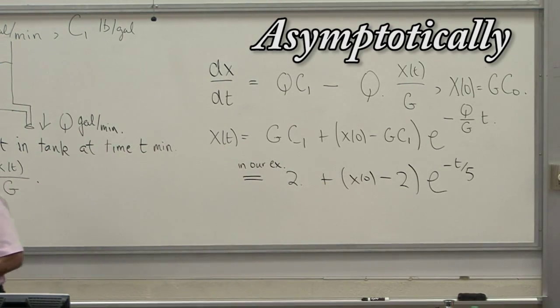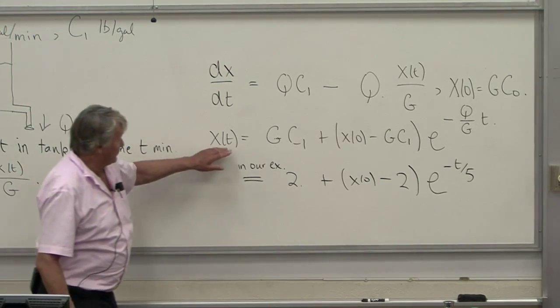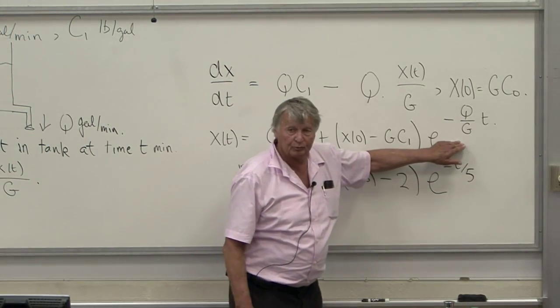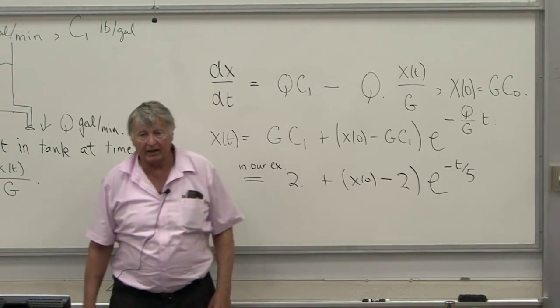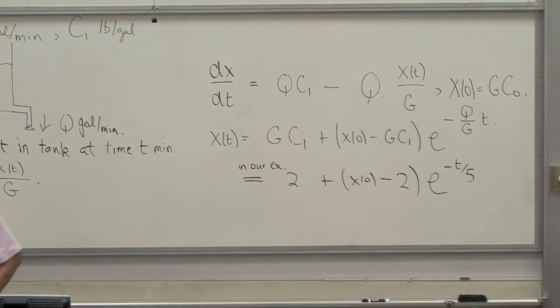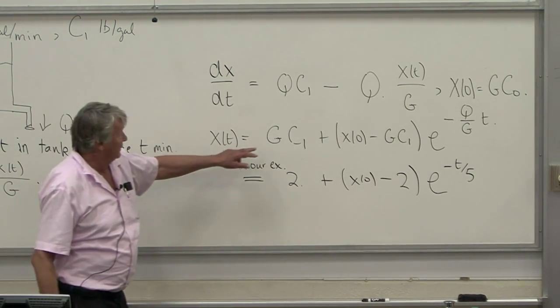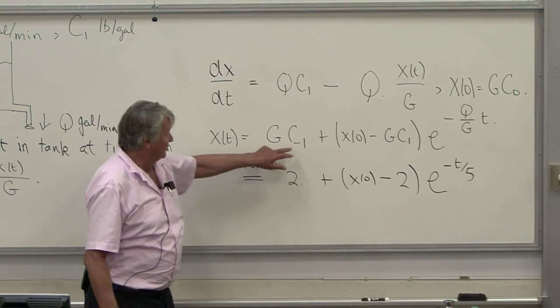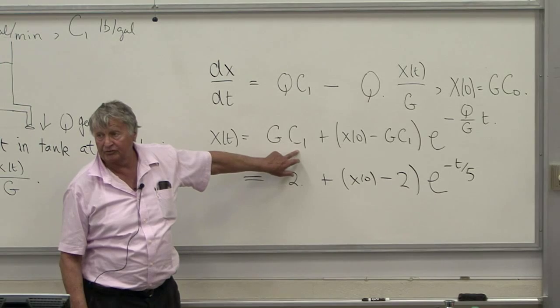Asymptotically is a word we use to say what's the long time behavior of x of t. Since the exponential will decay to 0, the long time behavior of x of t will be g times c1, which you have correctly interpreted many times as the number of pounds, essentially, as if you had filled it completely with the input stuff.